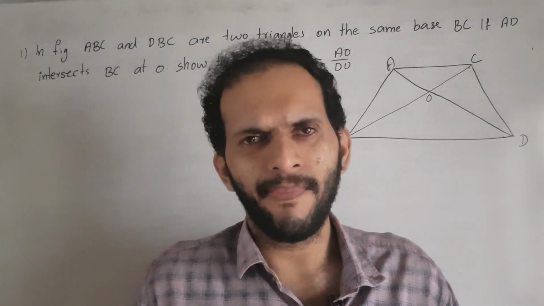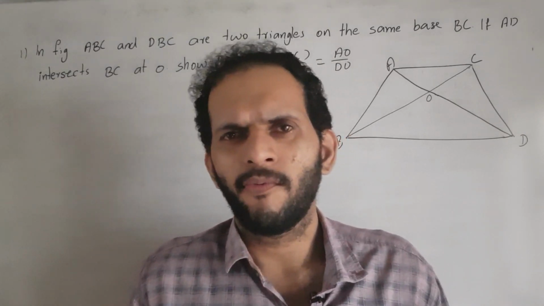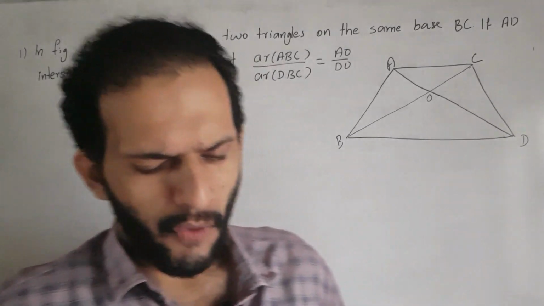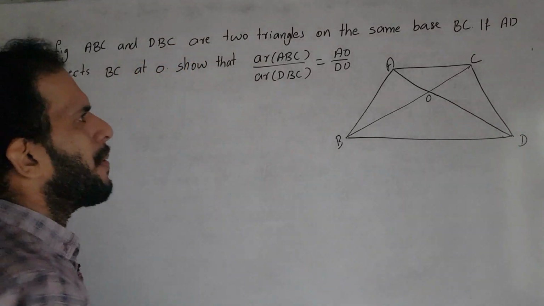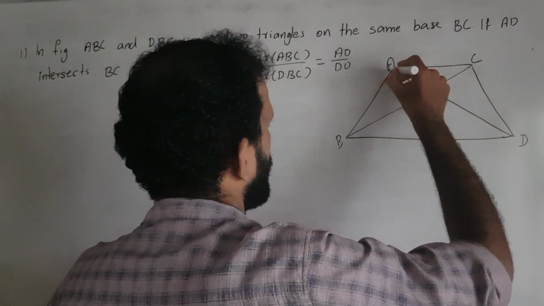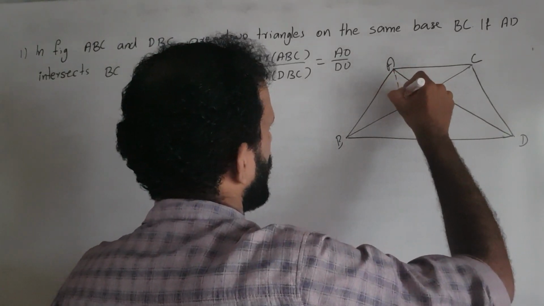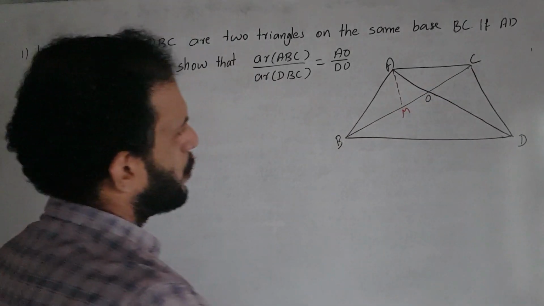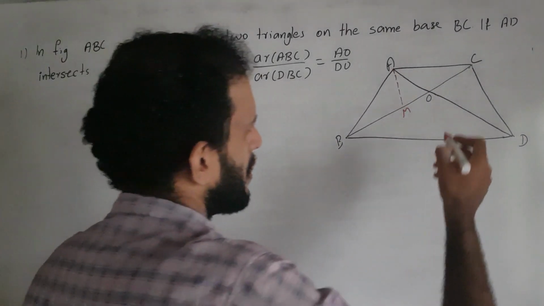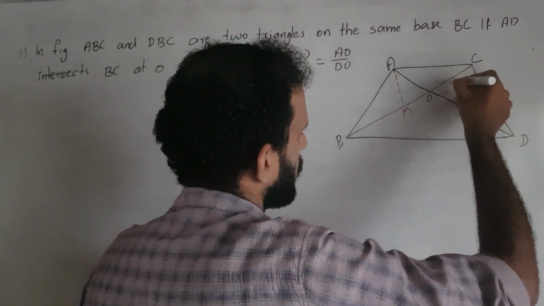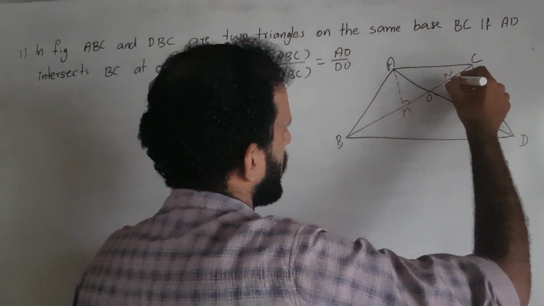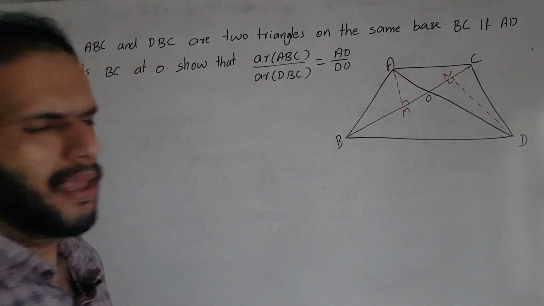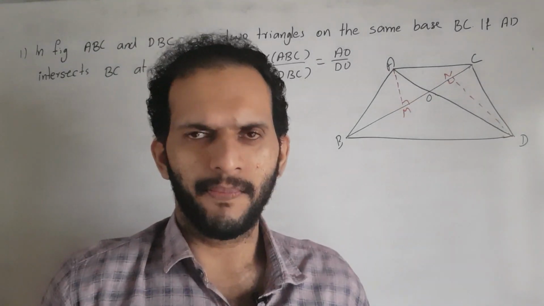So to prove the similarity, here we construct a perpendicular AM to BC, and we construct another perpendicular DN to the same line BC.